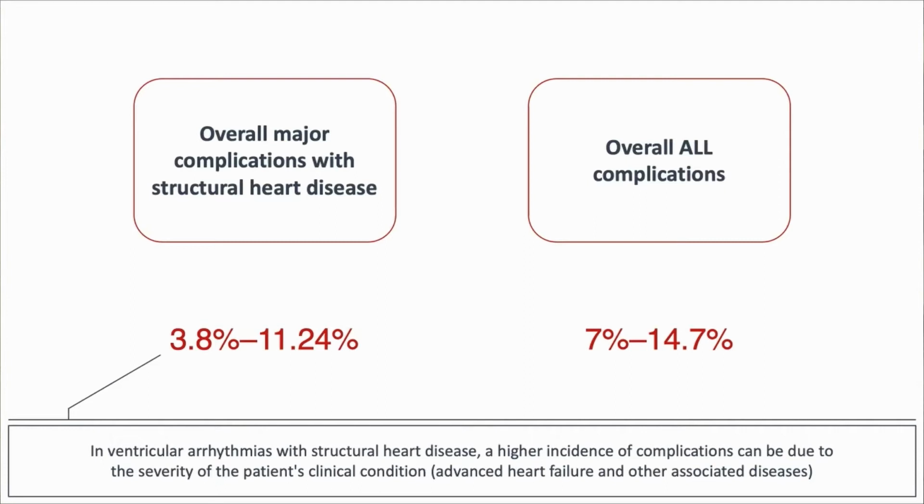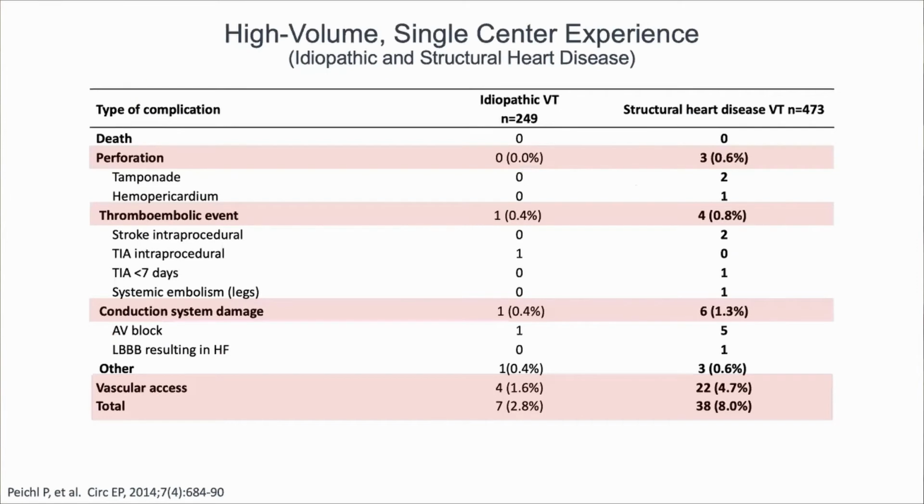What is important to say is that in ventricular arrhythmias with structural heart disease, a higher incidence of complications can be due to the severity of patients' clinical conditions, advanced heart failure, and also other associated diseases.